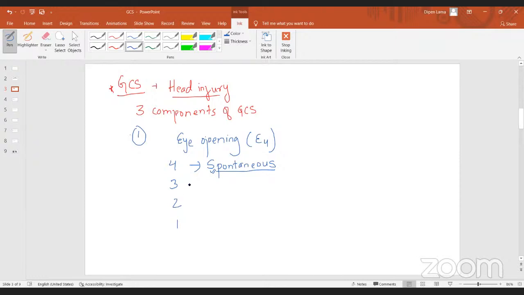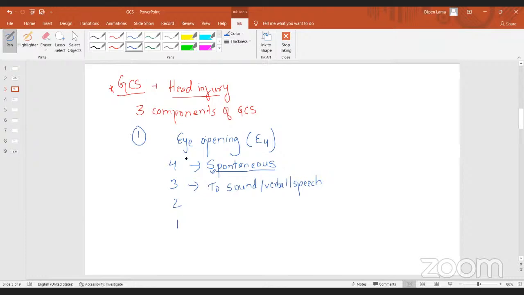That is E4. And for 3, if there is eye opening in response to sound, or verbal, speech, you can say in response to speech.